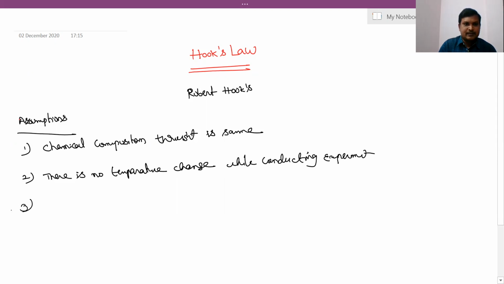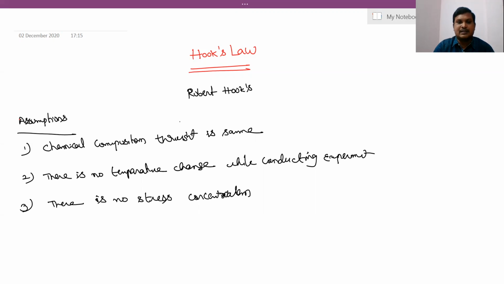And the third one is there is no stress concentration. So the first assumption is that the material property, the chemical composition, is the same throughout, and there is no temperature change while conducting the test. And the third one is very important.